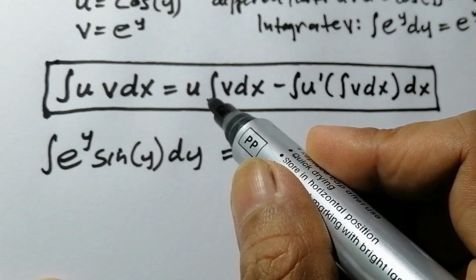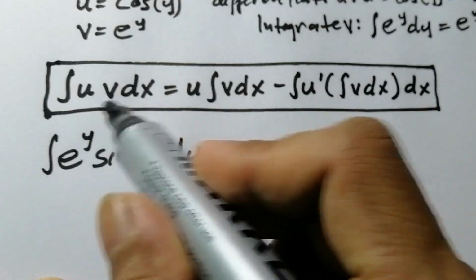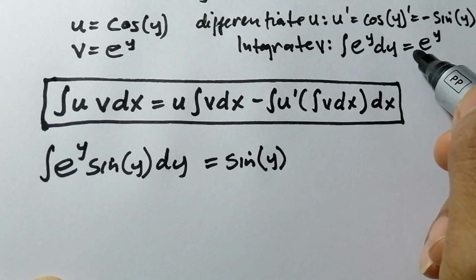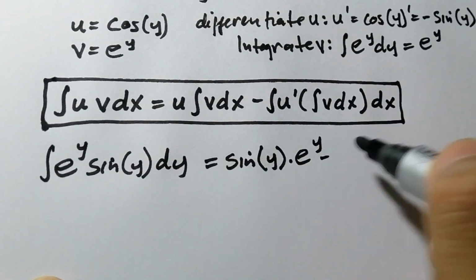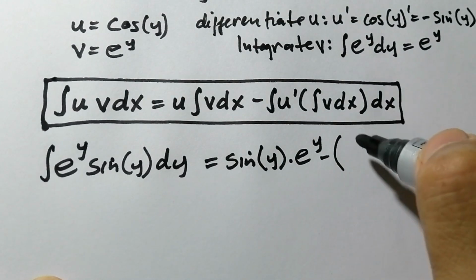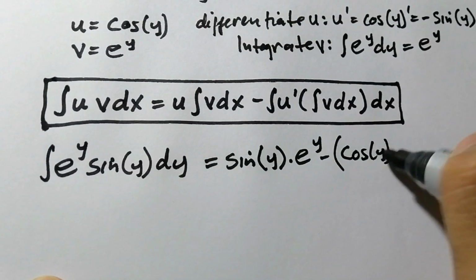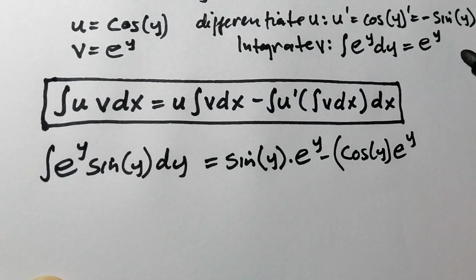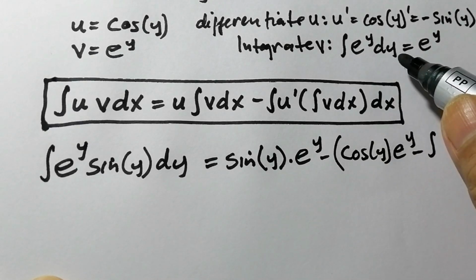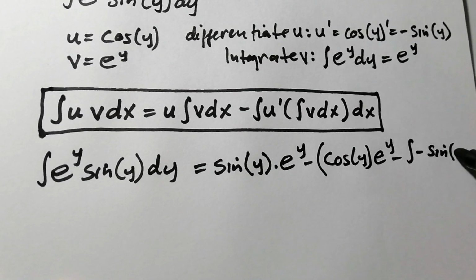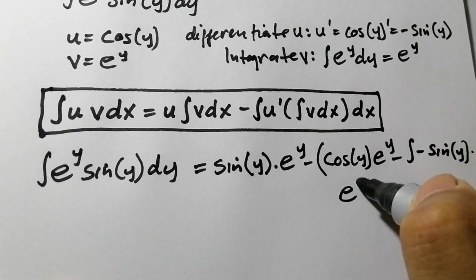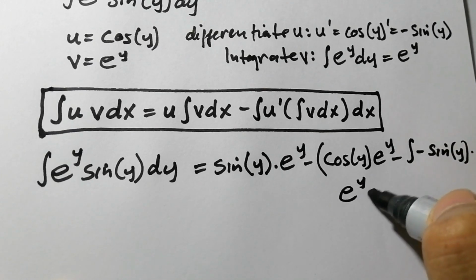Our u is sine y, times the integral of v, which is e raised to y, minus the integral of u prime, cosine y, times e raised to y dy.